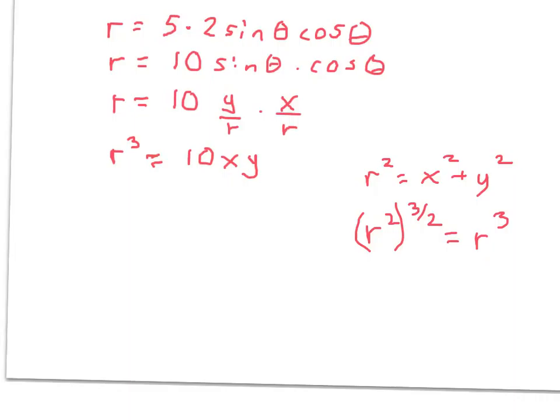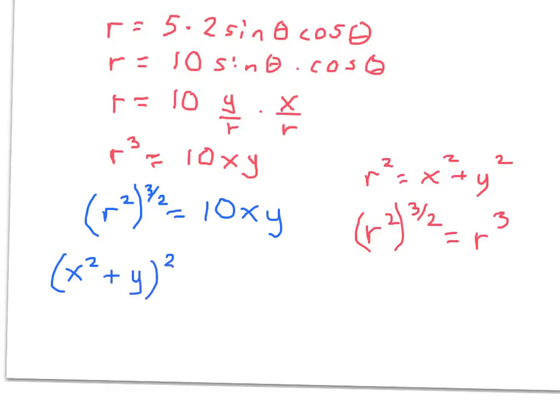So I can think of that left side as r squared to the 3 halves power equals 10xy. Now r squared can be replaced with x squared plus y squared.